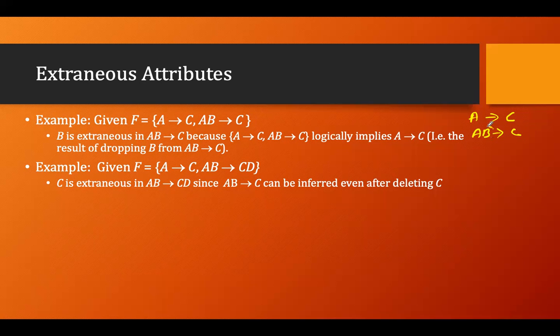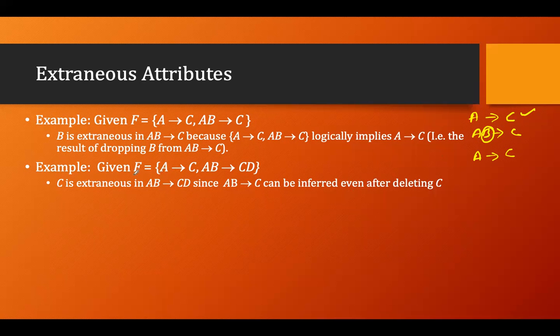So if we remove the branch, then roll number alone can determine the name, which is already there. So why should B be here? To remove this particular B from the left hand side part, we require one logic.